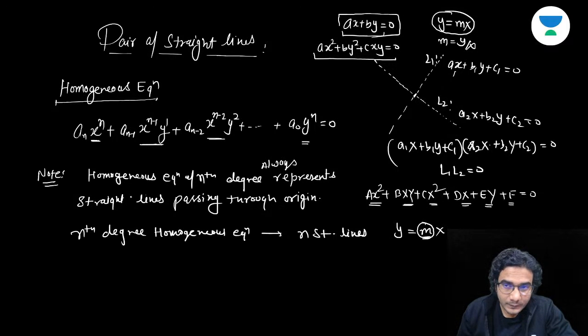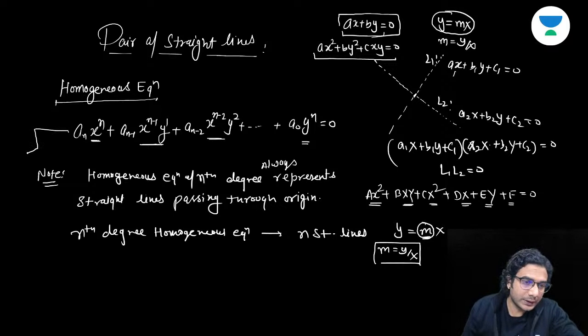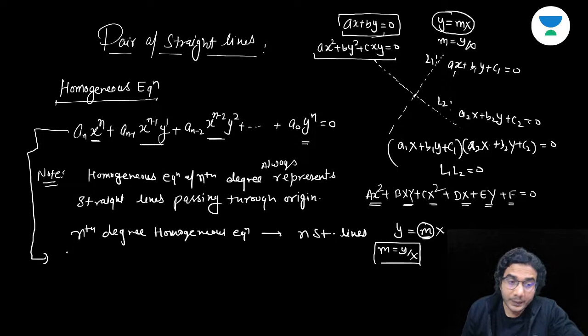See, as I was telling you that y is equal to mx represents a straight line passing through origin. So m can be written as y upon x, or y upon x can be written as slope. So in this equation, now see how to show that it represents n straight lines. Divide this equation by x raised to n.